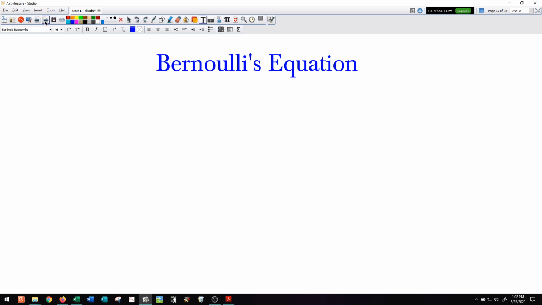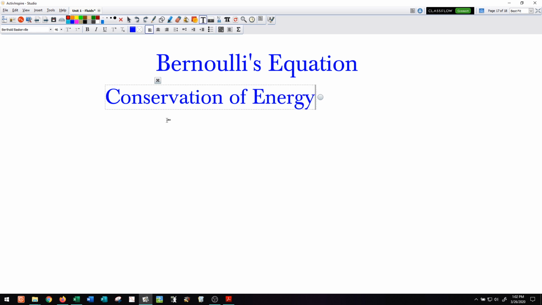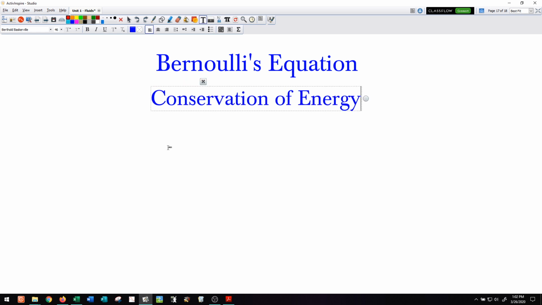And then lastly, the last thing that we talked about in the unit was Bernoulli's equation. Bernoulli's equation is essentially a conservation of energy formula, specifically for moving fluids.